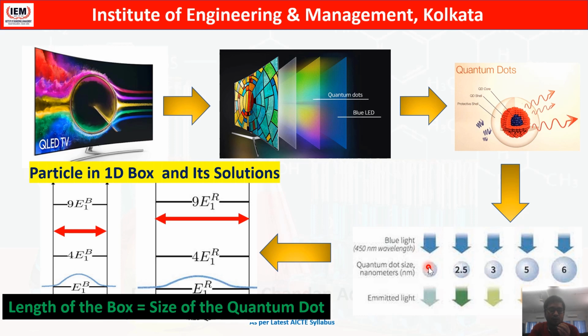Quantum dots are known as the real life particle in a one dimensional box model. And the size of the box, or the length of the box, which we will discuss in another lecture, is nothing but the size of the quantum dots, which is a practical application of the particle in a 1D box model.